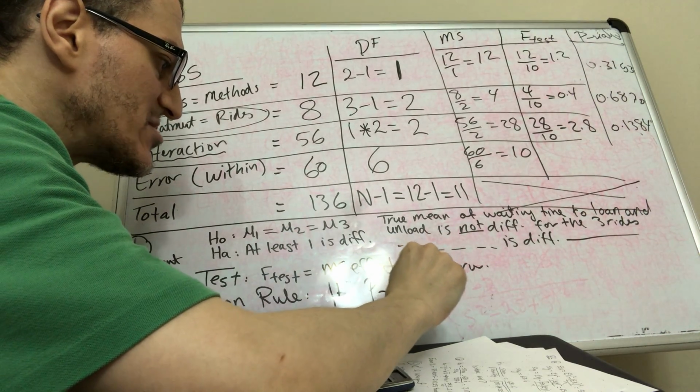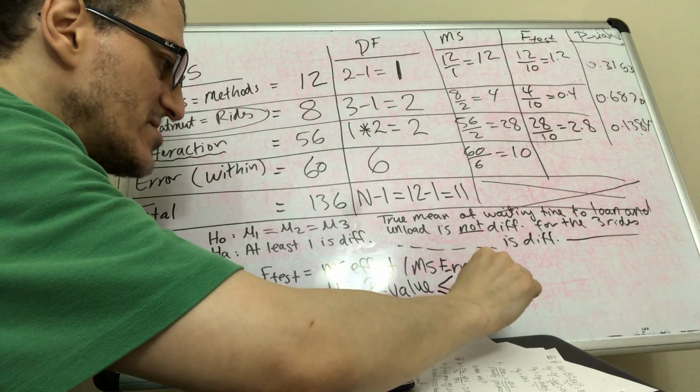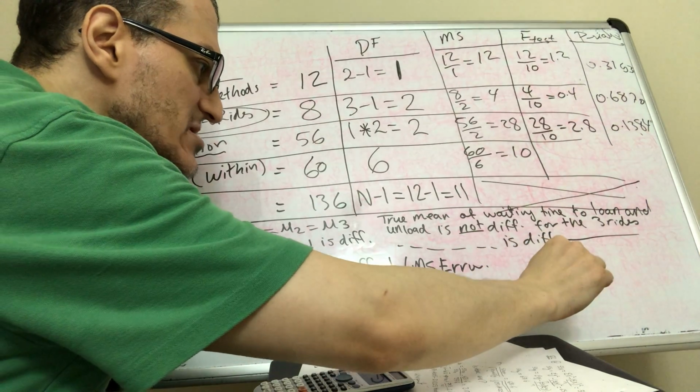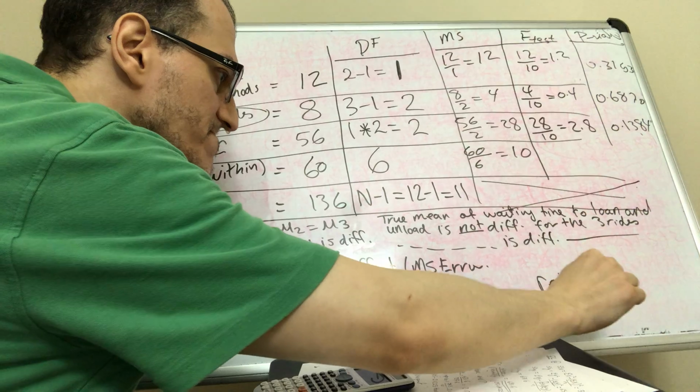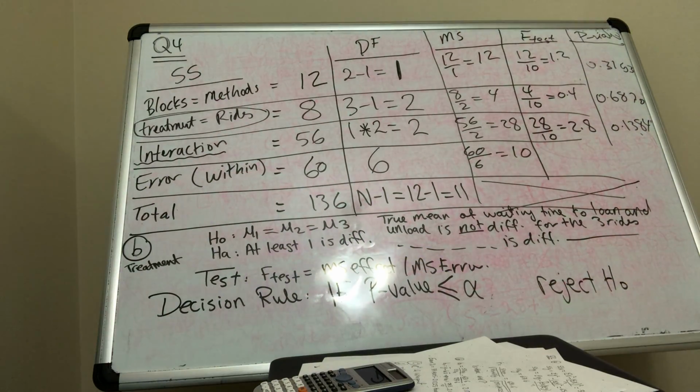If your p-value is less than or equal to alpha, you're going to reject H0.